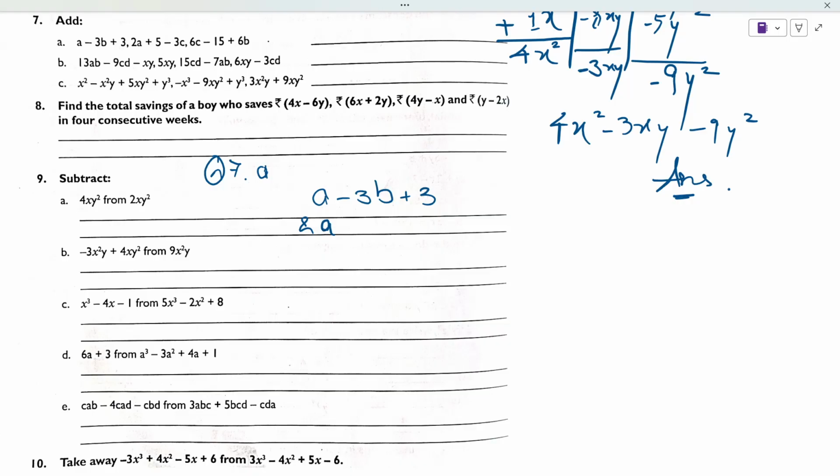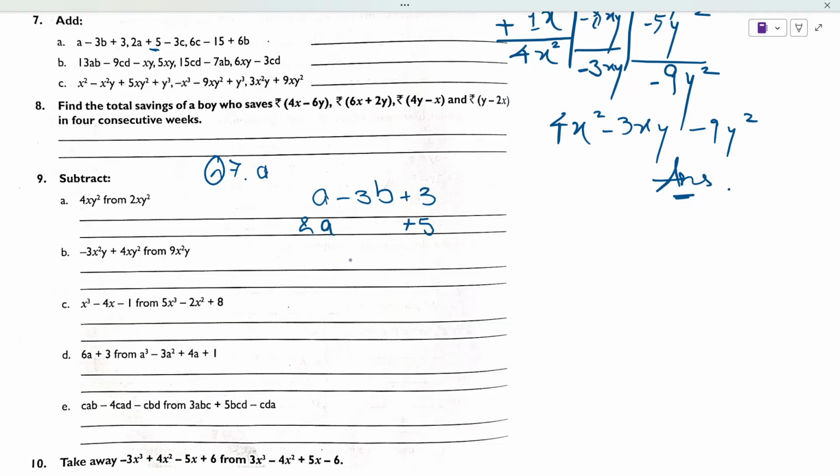And 2a is followed by 5. So 5 should go where? In the constant. So we are having 3 in the previous expression. We can write below that what? 5. And positive 5 because in the question it is having a plus sign before it.